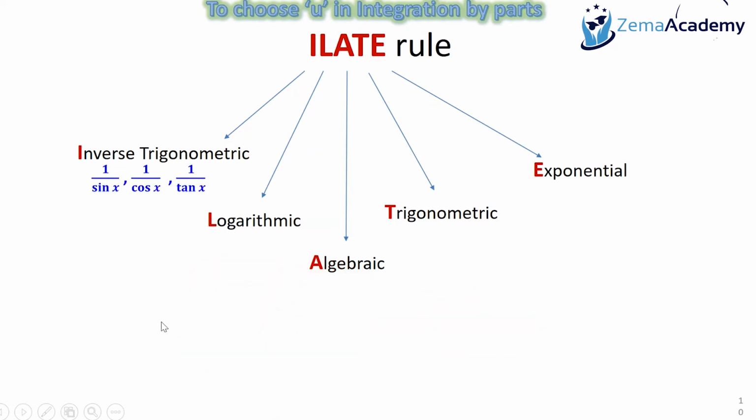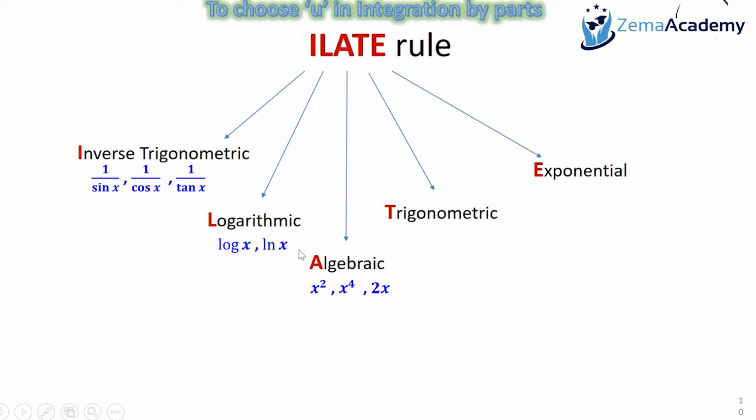So if the integral consists of an inverse trigonometric function, some examples are 1 over sin x, 1 over cos x, 1 over tan x. These are basically inverse functions. Or it could be a logarithmic function, natural log or log base 10, log x.